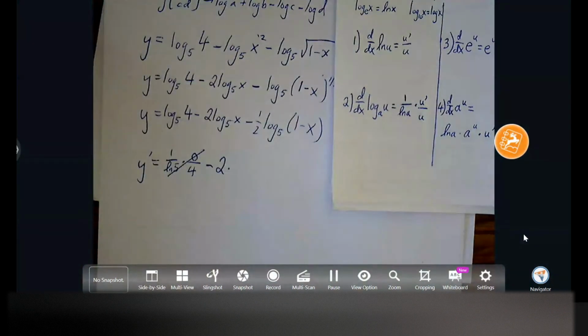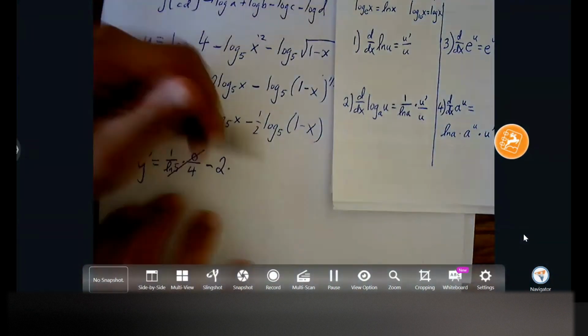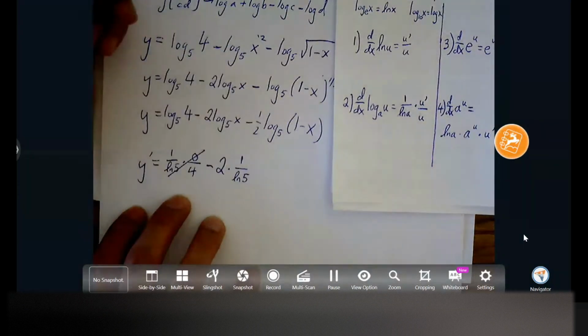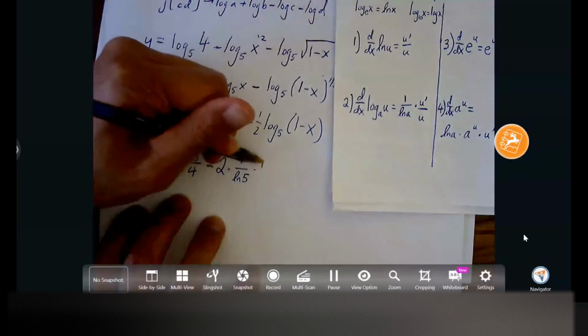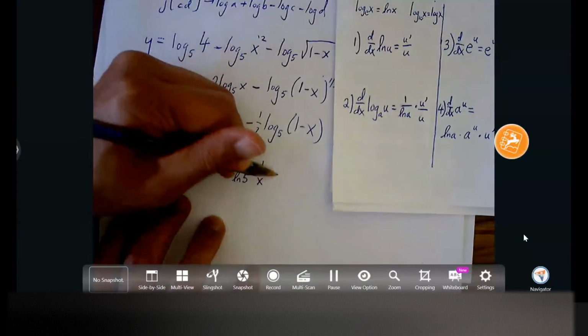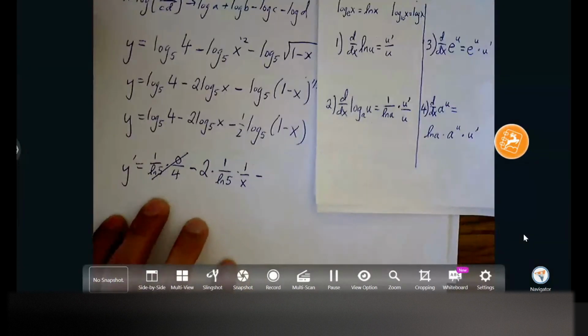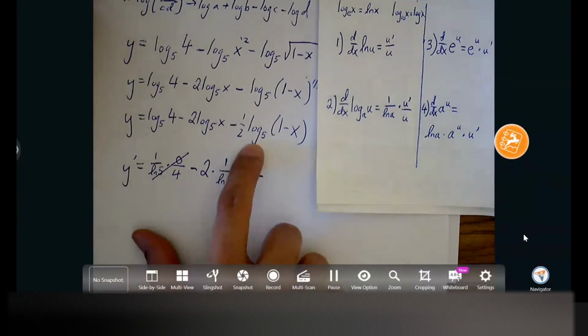Okay, 2 times 1 over natural log of 5, and then times 1 over x. And then after that you do 1 over ln 5 times... The 1/2 is going to stay, right?